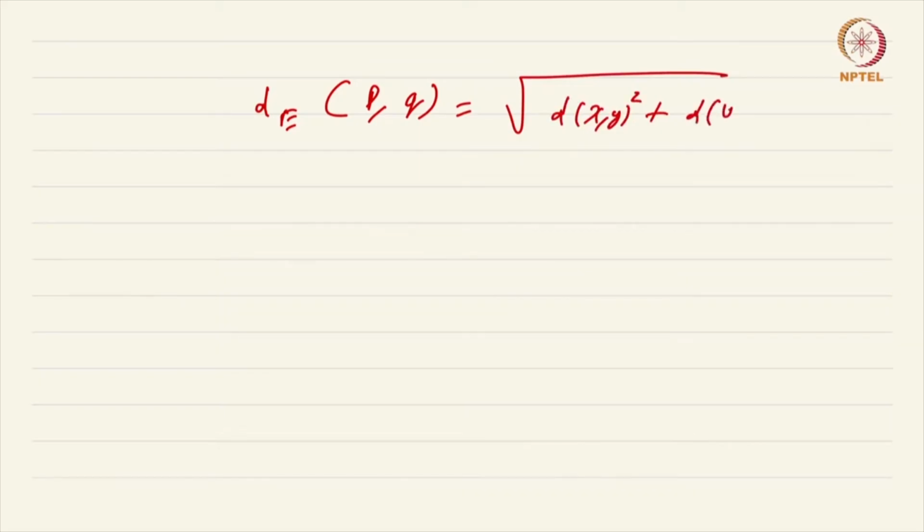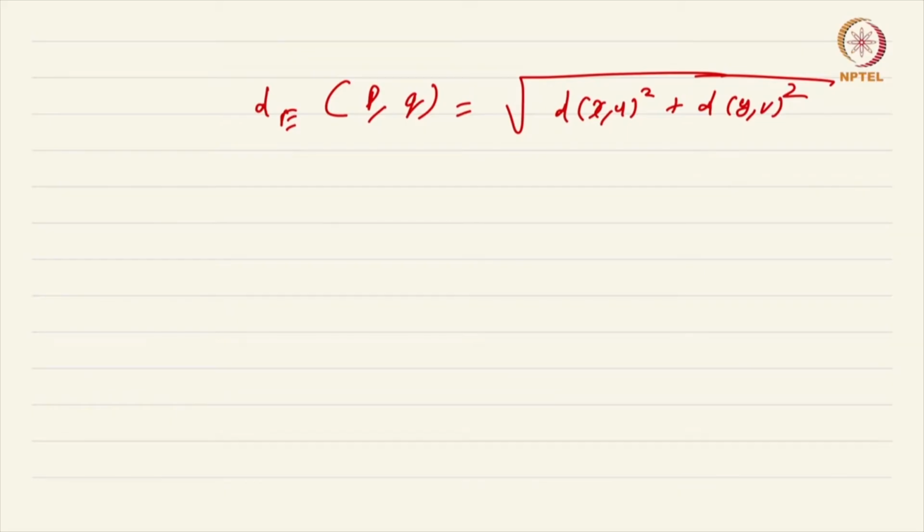There's a slight mistake here. Okay, E here is supposed to be an abbreviation to suggest Euclidean, because this is the way the standard Euclidean metric is defined on R2, starting with the absolute value on R.